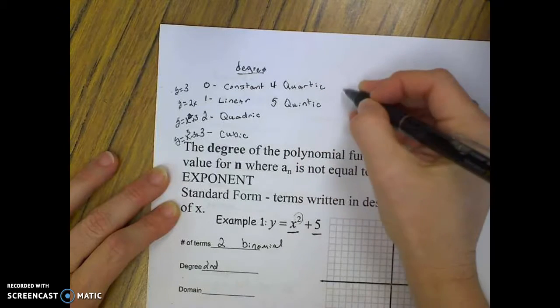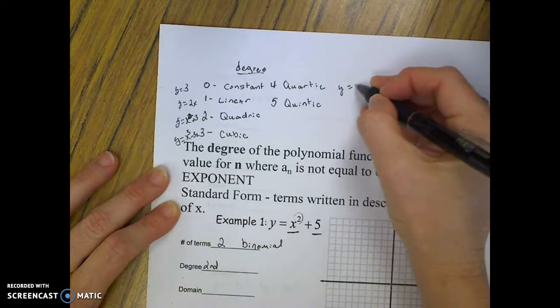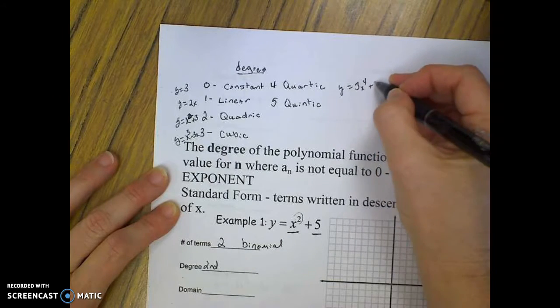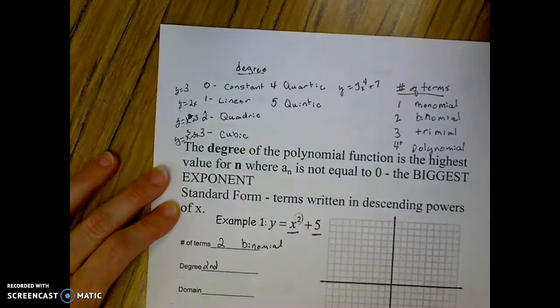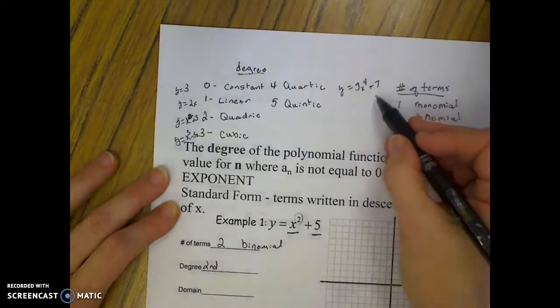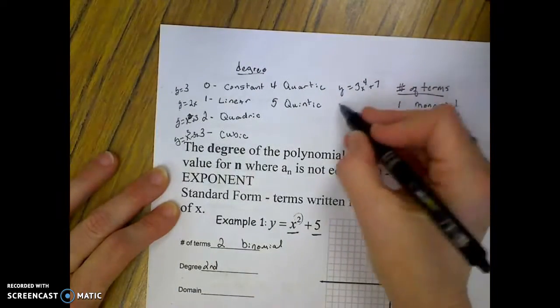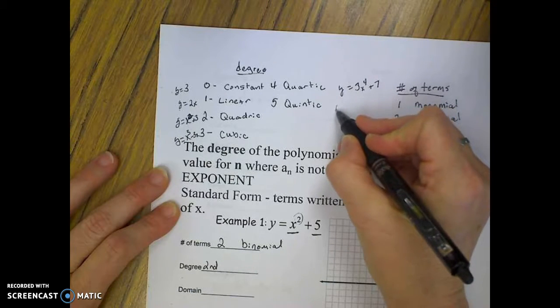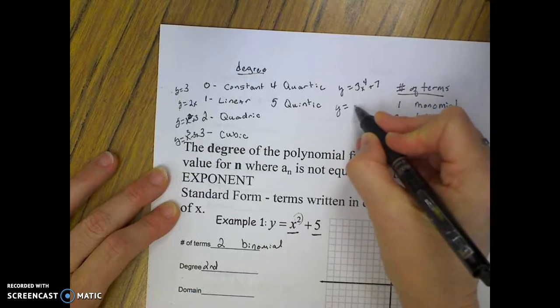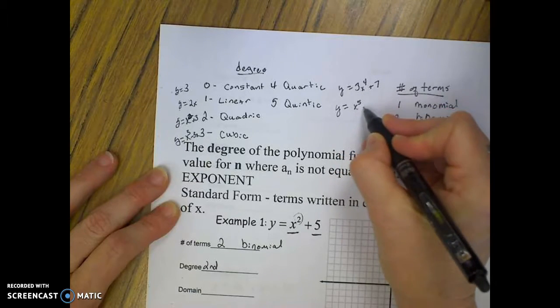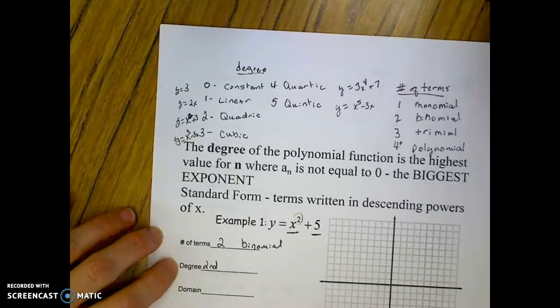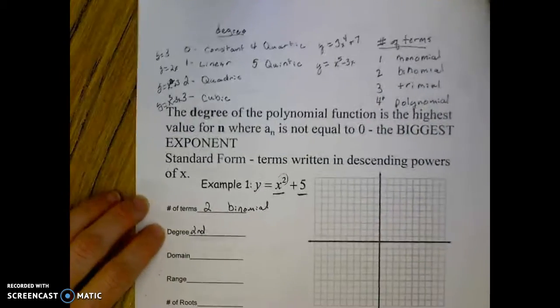So this would be, say, y equals 3x to the fourth plus, I don't know, 7. It could have 7x cubed minus 5x squared, whatever, but as long as nothing's higher than x to the fourth. Quintic, y equals x to the fifth minus 3x.